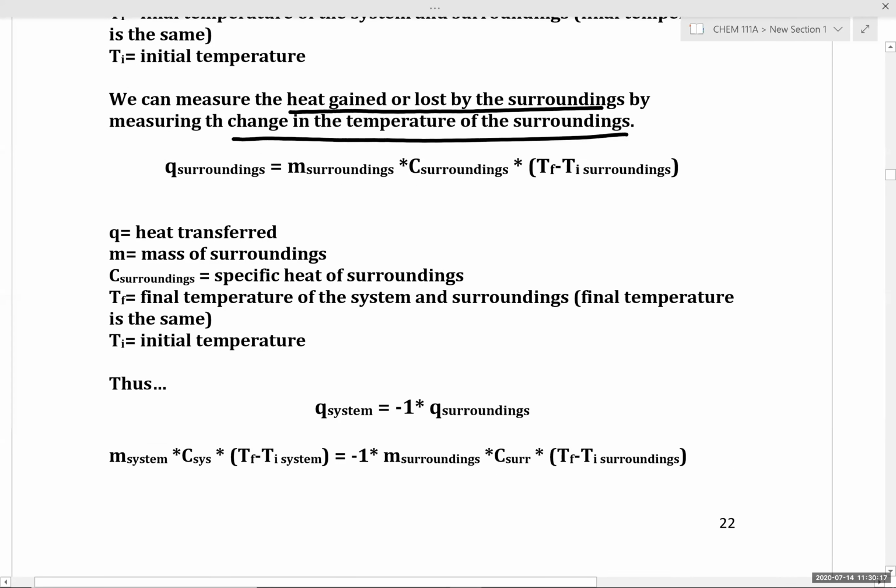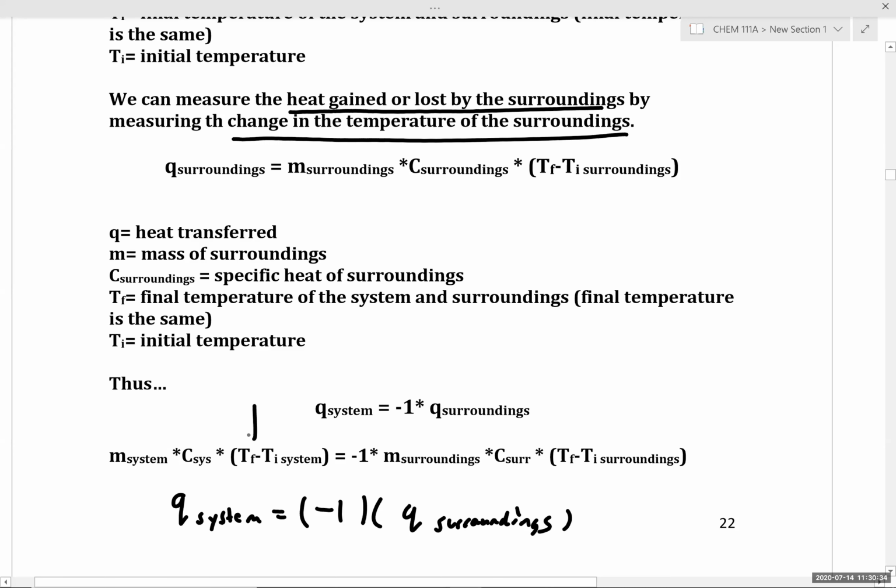Now, if Q system is -1 times Q surroundings, if we substitute in, we see that our expression for Q system is equal to -1 times our expression for Q surroundings.